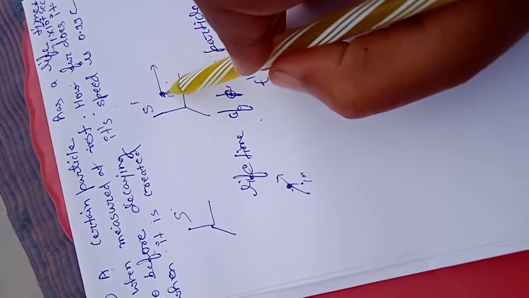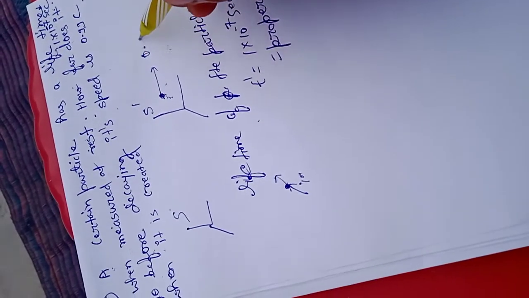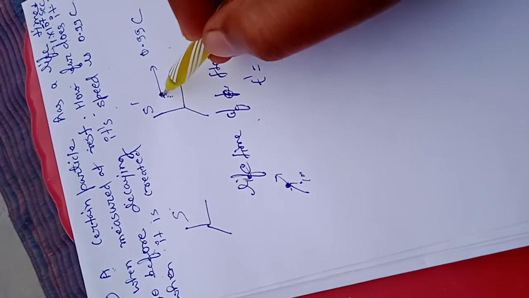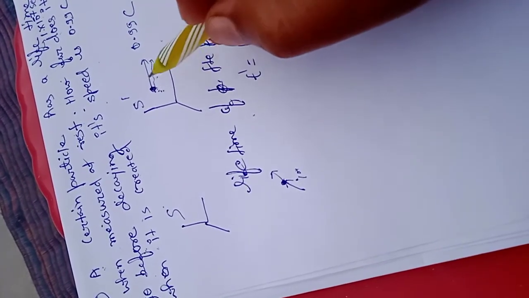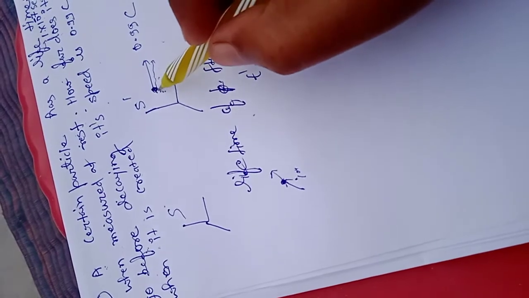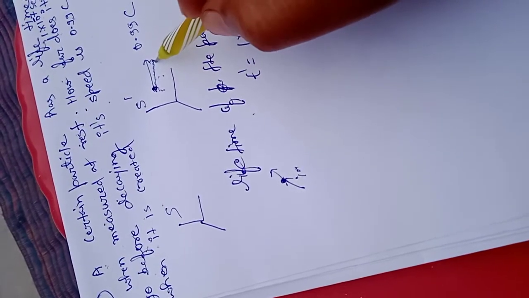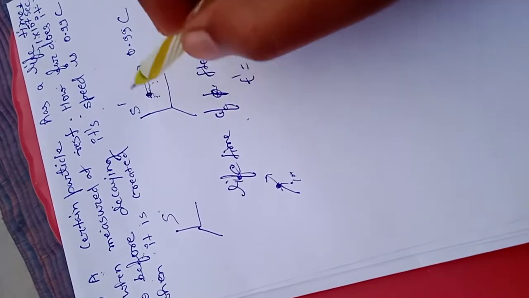Now when it is created, it moves with velocity 0.99 c, and we have to calculate how far it travels before it decays.